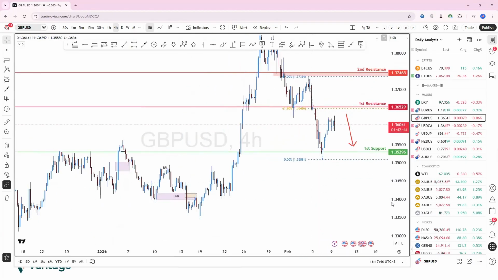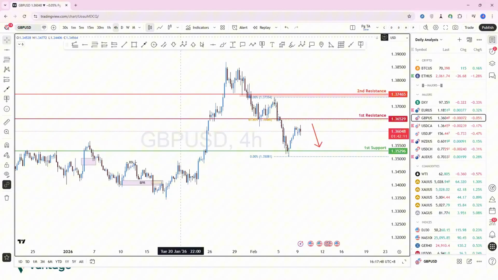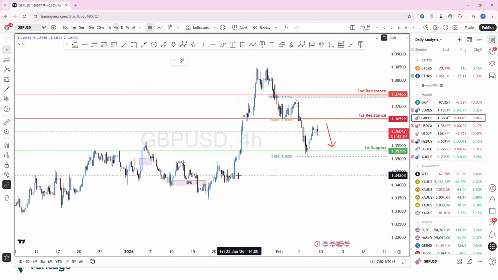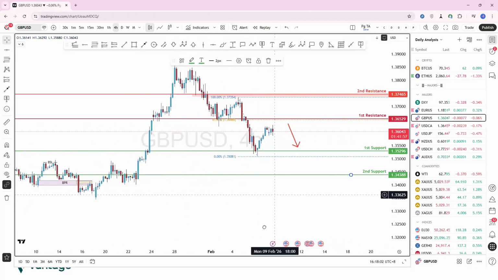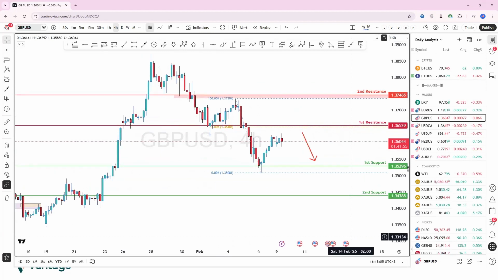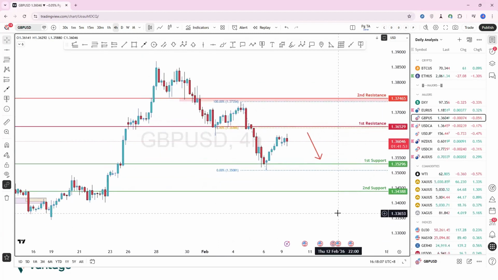Okay, so basically this is my key level. I'm going to fine tune the second support right here. Okay, guys.